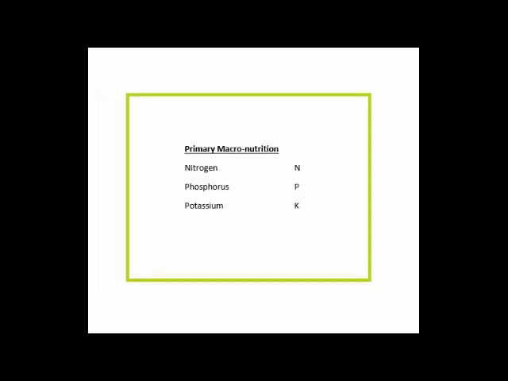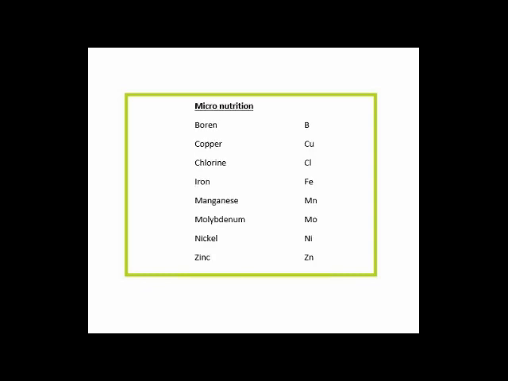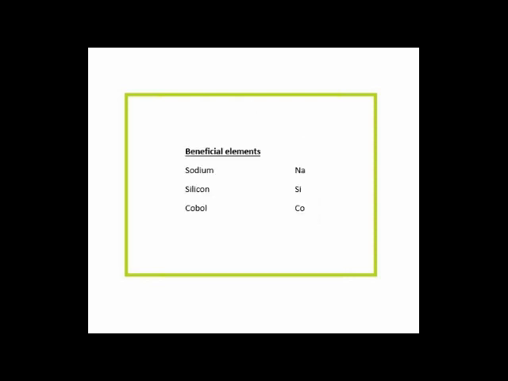Then we have the primary macronutrients, and that is nitrogen, phosphorus and potassium. Then we have the secondary macronutrients, and that is calcium and sulfur. And then we have the micronutrients, and that is boron, copper, chlorine, iron, manganese, molybdenum, nickel and zinc. And the last one is beneficial elements, so that is sodium, silicon and cobalt.